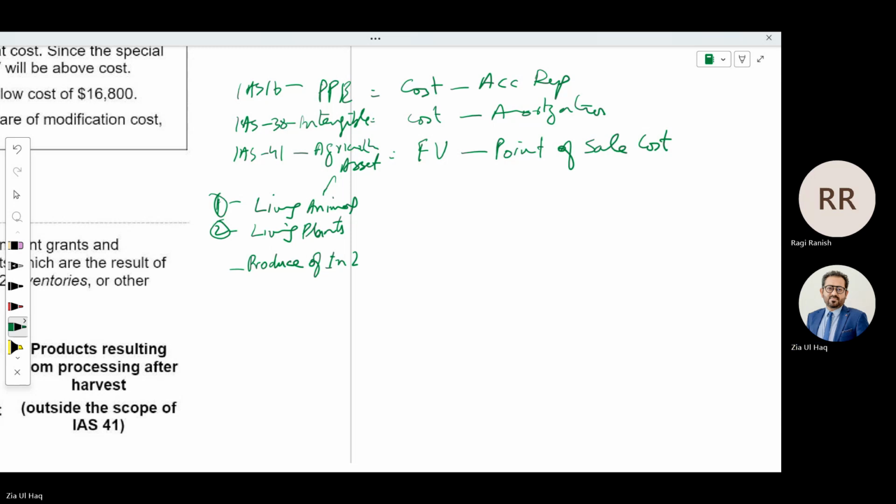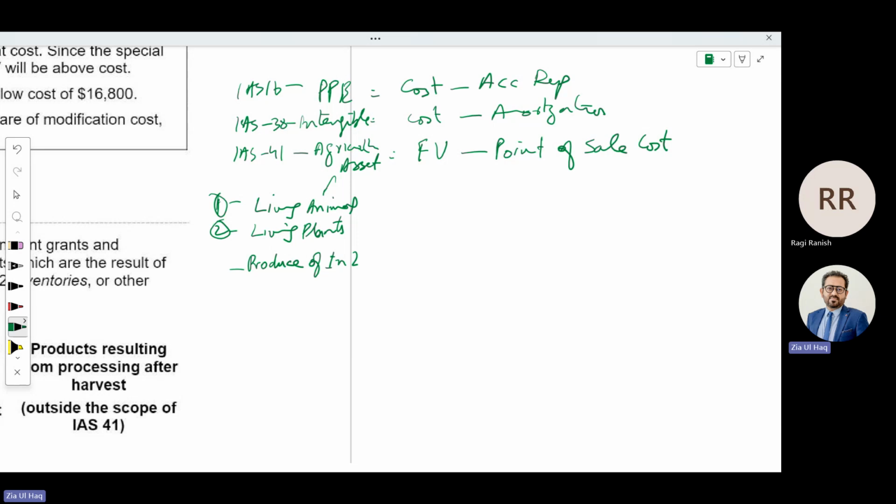Living plants, trees. And their produce. What is produce of living animals? Milk, eggs. Produce of plants: fruits, wheat, rice, vegetables.